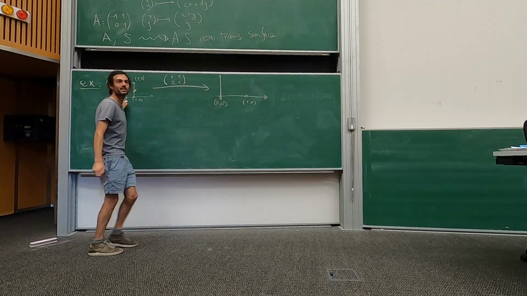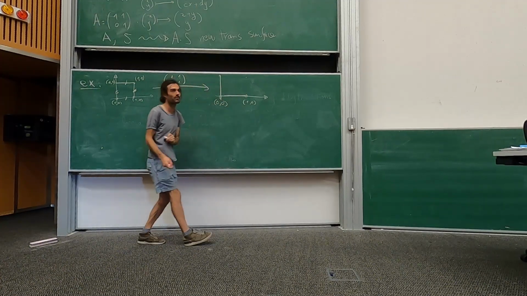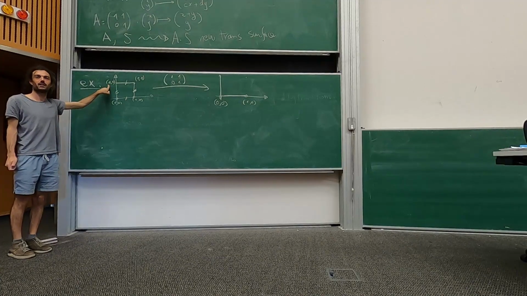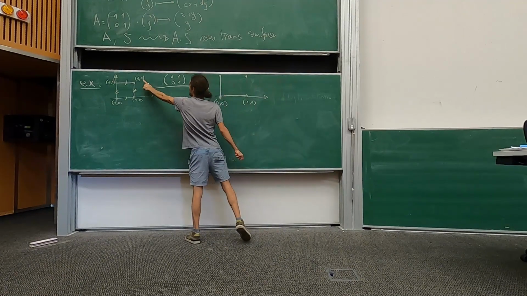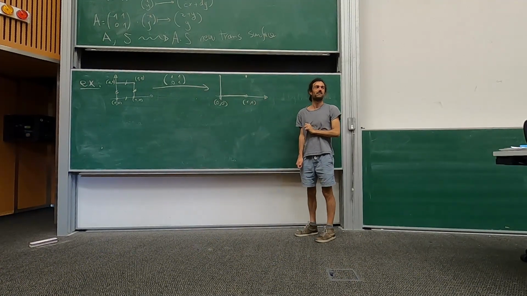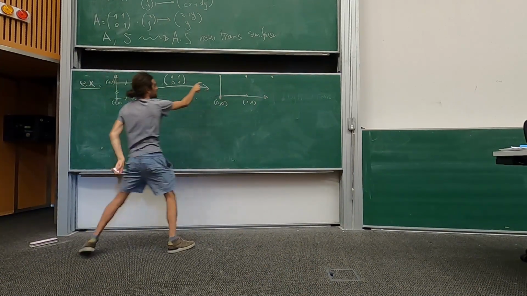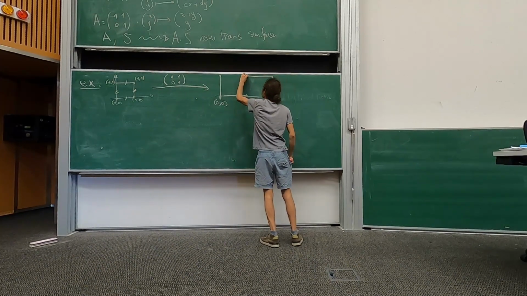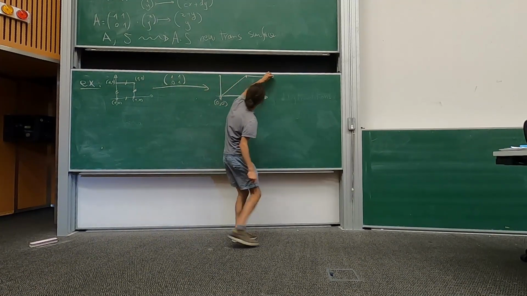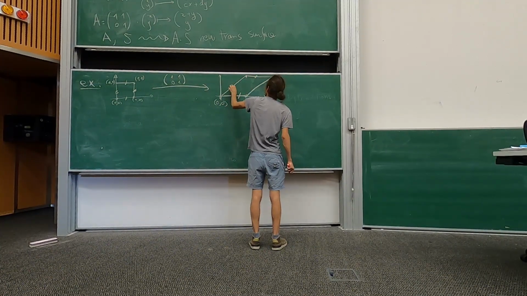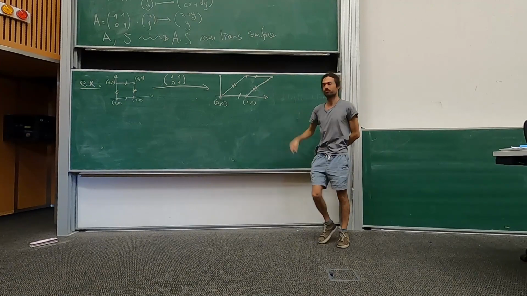And actually it will preserve all these segments, so all these segments will be sent to this segment. And where is the point 0, 1 sent? 1, 1. Okay, so this guy here. And 1, 1? 2, 1. Yeah. And so all these segments will be sent to this segment, and this segment will be sent to this segment. And so my polygon is sent to a new polygon, and my translation surface has changed.